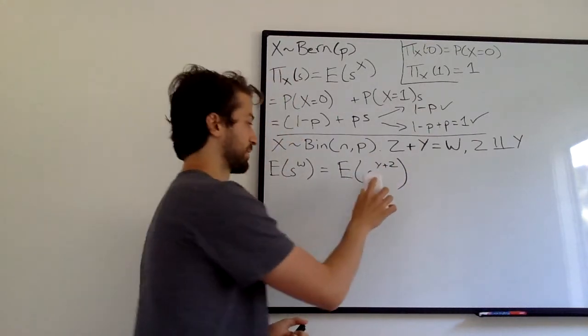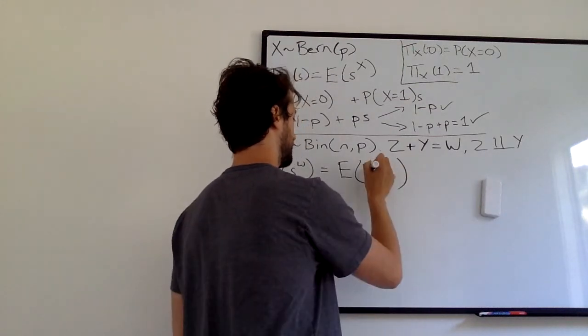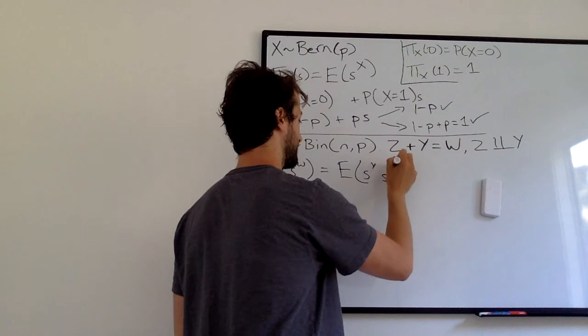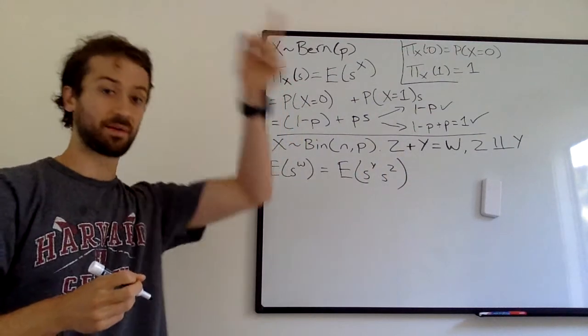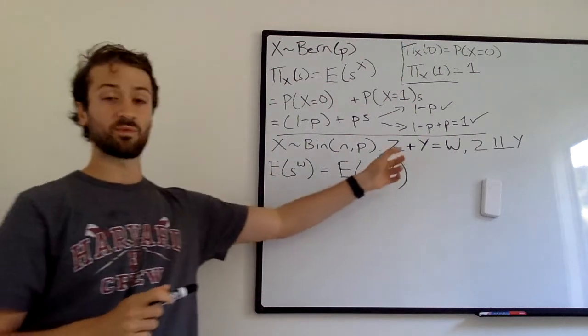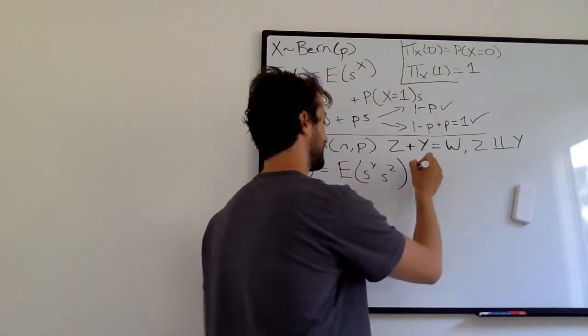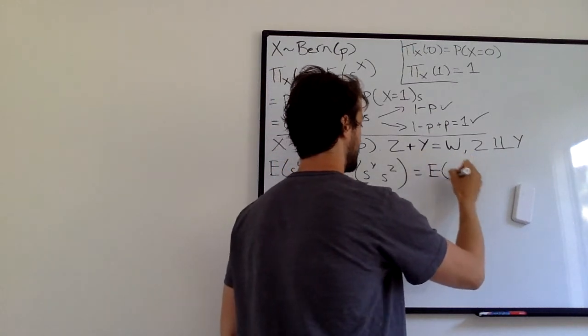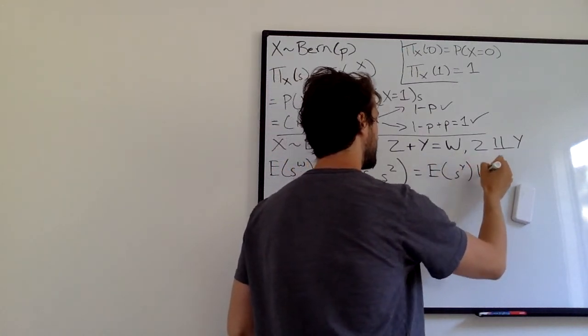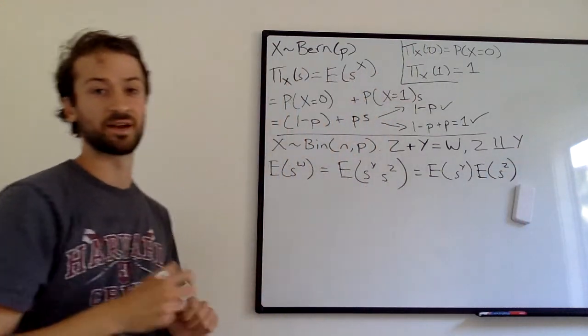By the rules of exponents, I can just switch this around a bit. Instead of having s to the y plus z, we can have s to the y times s to the z. And because y and z are independent, we do this. We can just factor those two guys out.